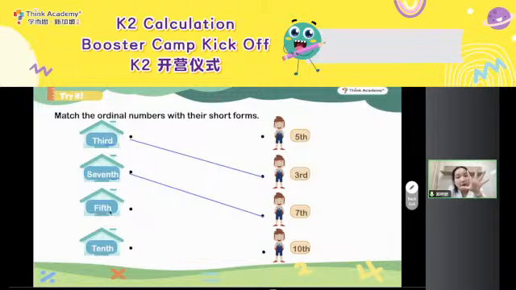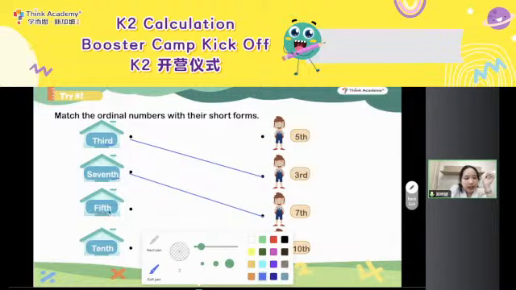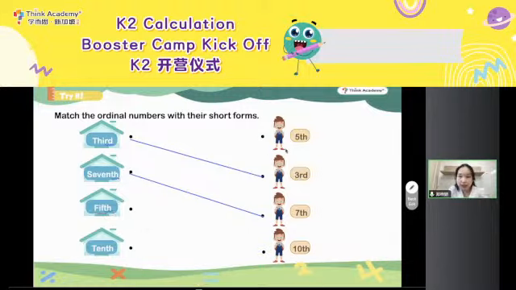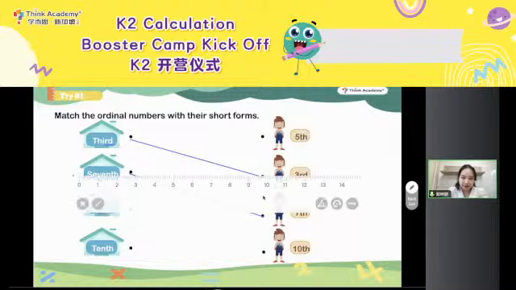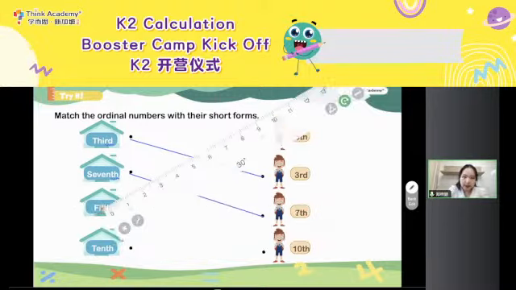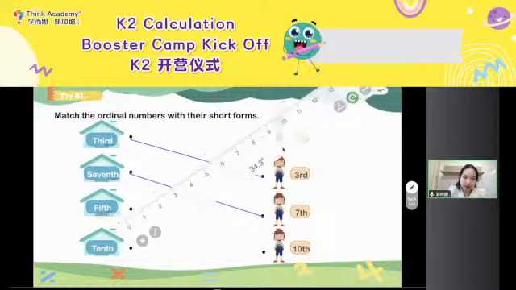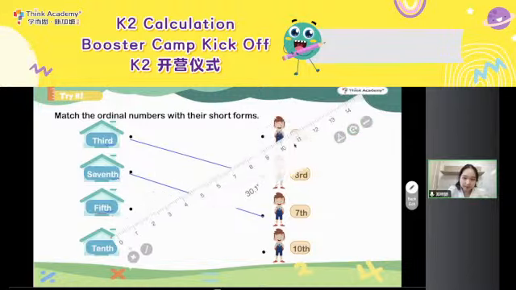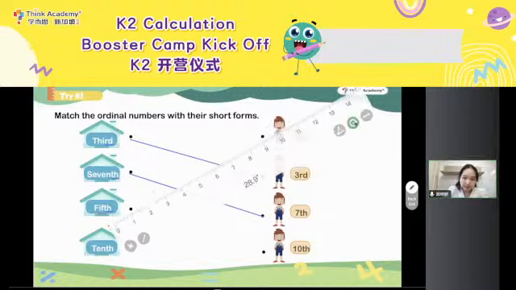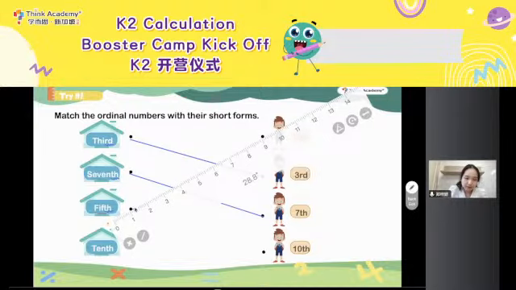Very well done. So last one is about 10th. So 10th is number 10 and what is it ending with? It is ending with TH. So it is number 10 ending with TH in here, right?